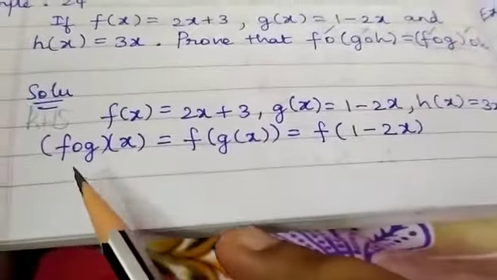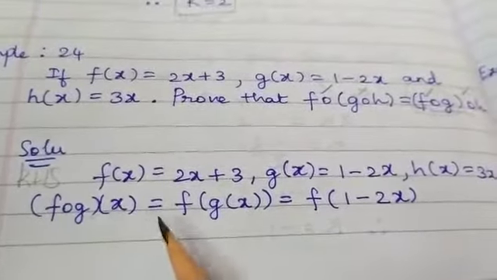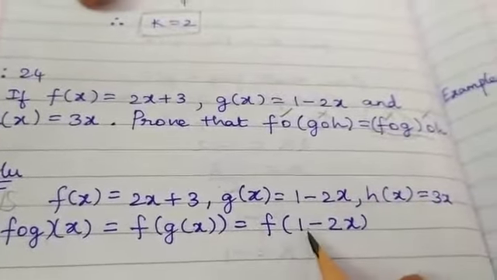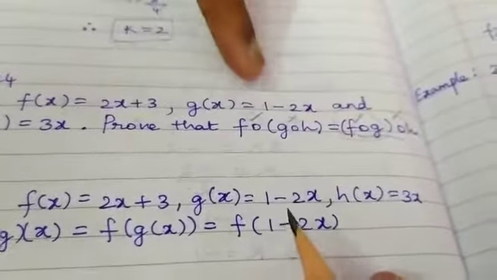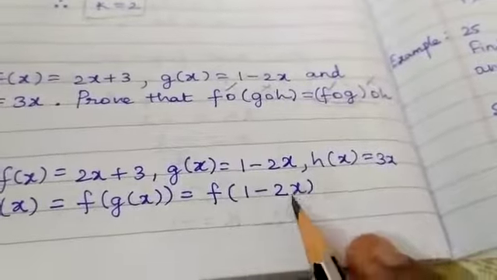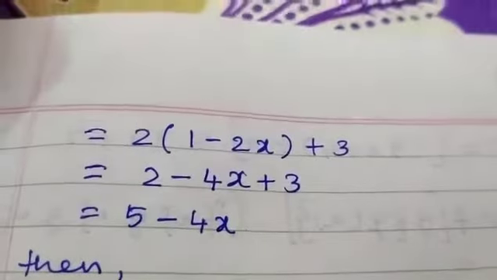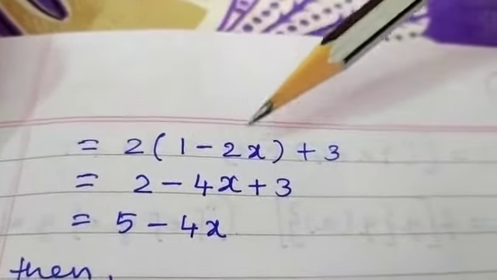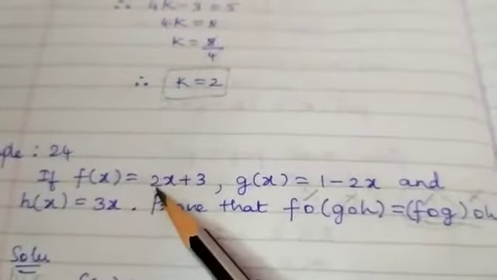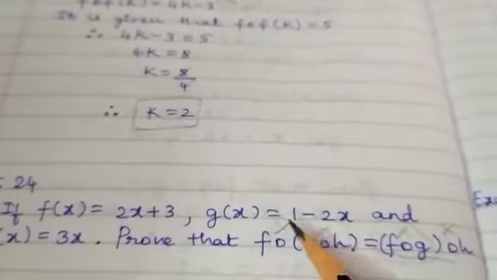Now I am finding f∘g of x, that is equal to fg of x, that is equal to, I am substituting the g of x in the value of f of x, that is f of 1 minus 2x, that is equal to 2 into 1 minus 2x plus 3, since f of x is given 2x plus 3 and g of x is given 1 minus 2x.